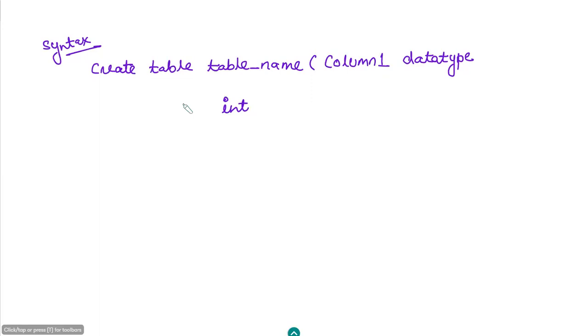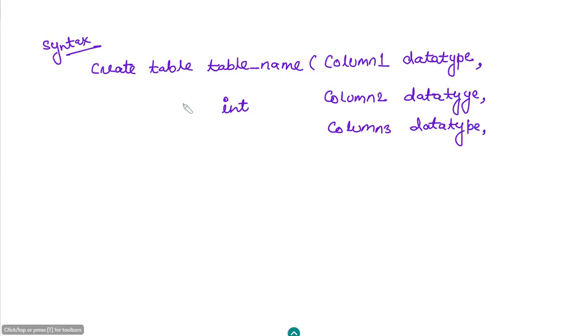We will give some keys in between column name and data type, right? Give next column name, data type, right? Column 3 with its data type and so on. After that, put semicolon sign, right?